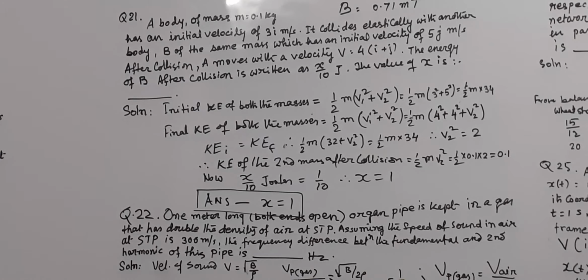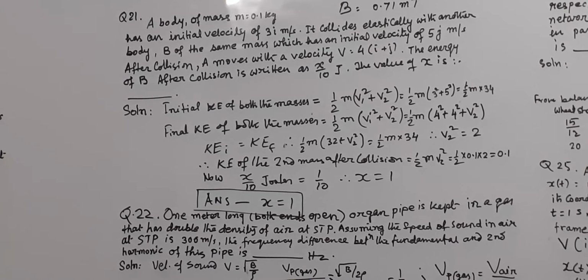After collision, A moves with a velocity v equal to 4 bracket i plus j meter per second. The energy of B after collision is written as x by 10 J. We have to find out x to fill the gap.